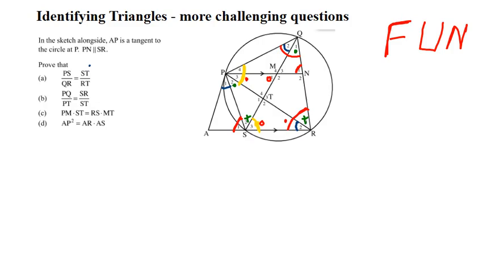If I look at the bottom letters there, I've got QRT. So my next question is, does triangle QRT exist? And by the look of things, triangle QRT exists.